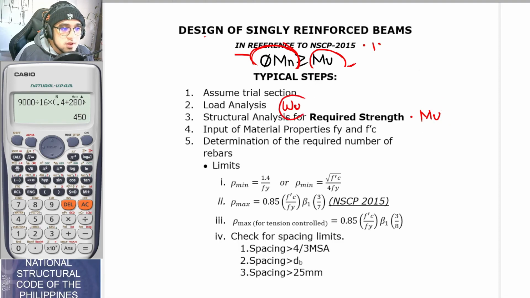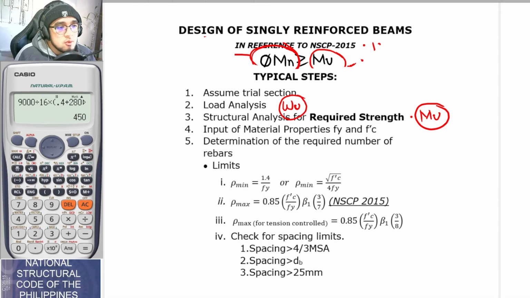So this WU is to be the magnitude that you will be using in order for you to solve the required flexural strength of your member. So once again, you can use moment distribution method, slope deflection method, or the simplified method if it is allowable. Okay, so we have already determined MU, which is to be this particular value here.